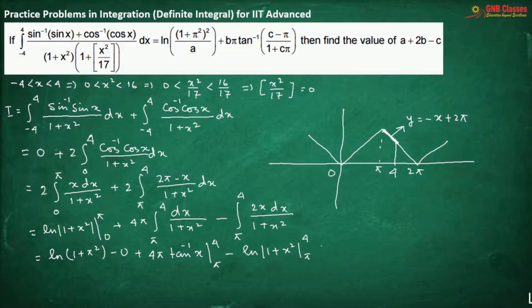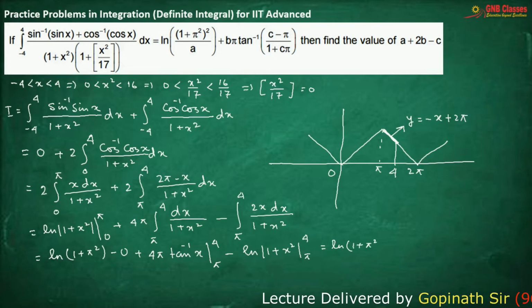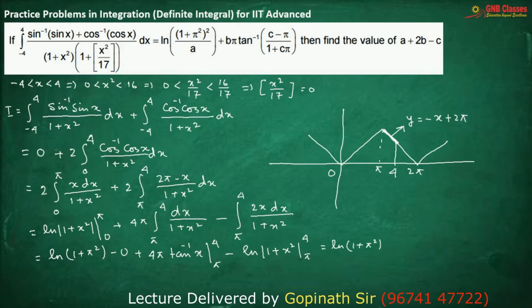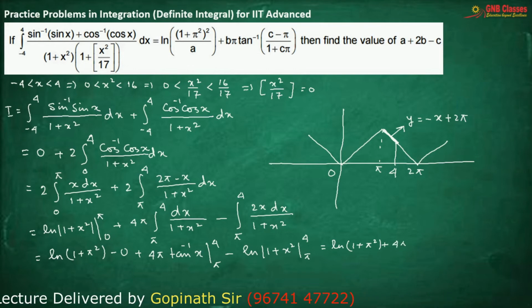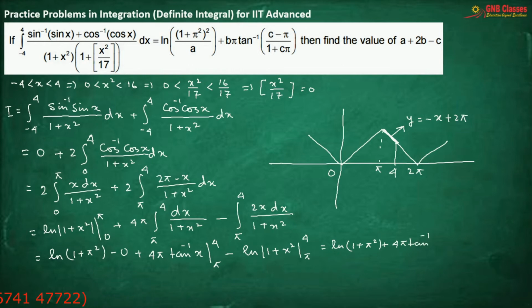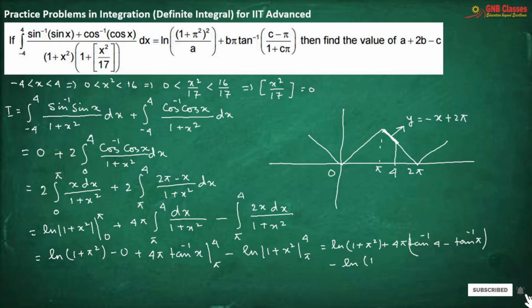So we are getting ln(1 + π²) plus 4π(tan⁻¹ 4 − tan⁻¹ π) minus ln 17 plus ln(1 + π²). Is it clear to all of you?